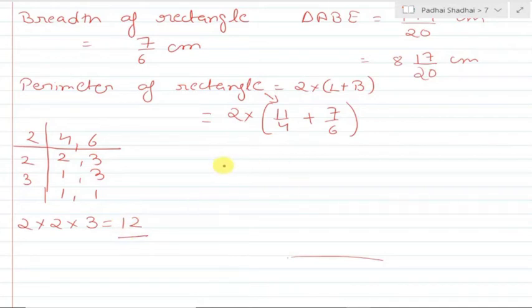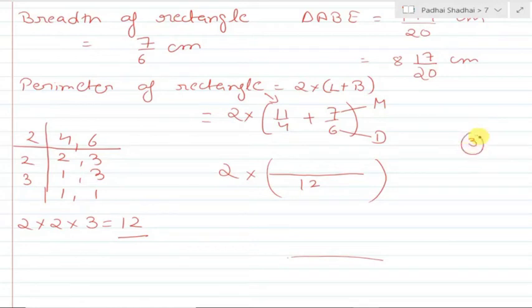Now putting 12 in the denominator, 2 as it is, and dividing 12 by 4. First we divide by the denominator and multiply the answer with the numerator. So 12 divided by 4 we get 3. We multiply that 3 with the numerator, 11 3s are 33.